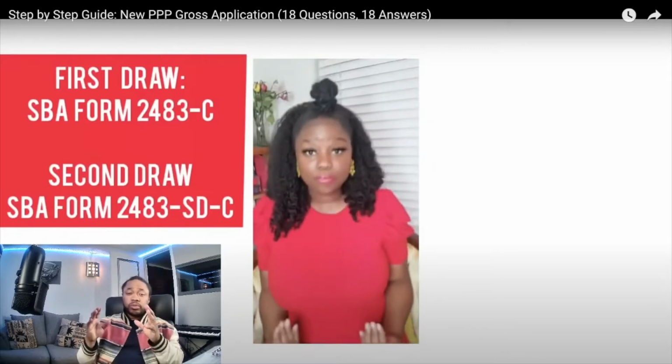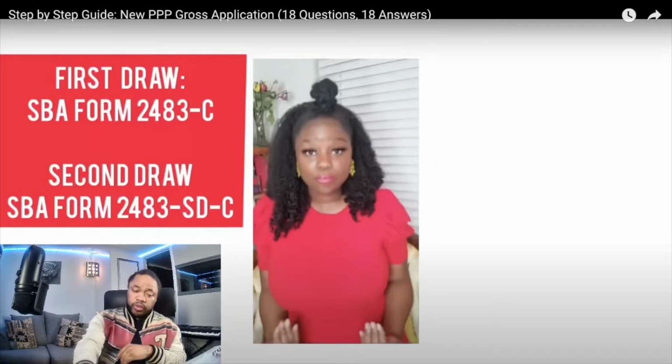Okay, so this is a good tip. You're getting specific form information, because I know I get a lot of questions in the form about first draw information as well as second draw. So these are specific form documents that you want to jot down. So make sure you jot that down. And if you haven't applied for first draw, then that's the roadmap for that one as well as the second draw.